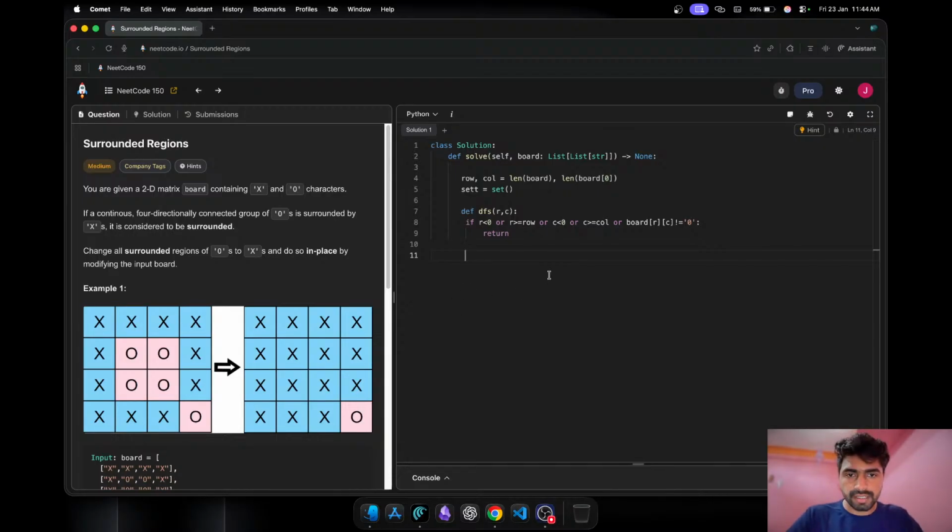So for that, we need board of R and C equals to, let's say it.